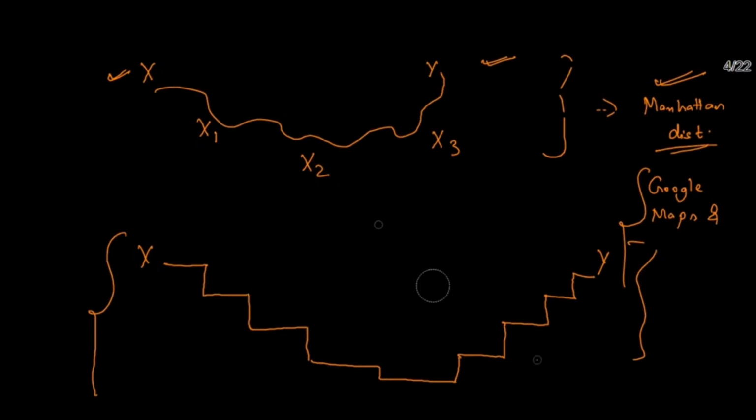So this is exactly my Manhattan distance. Or if I have to explain in very layman terms, Manhattan distance is nothing but calculating distance between real vectors using the sum of their absolute differences.